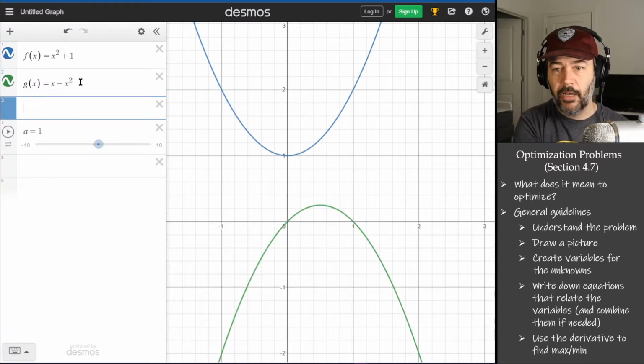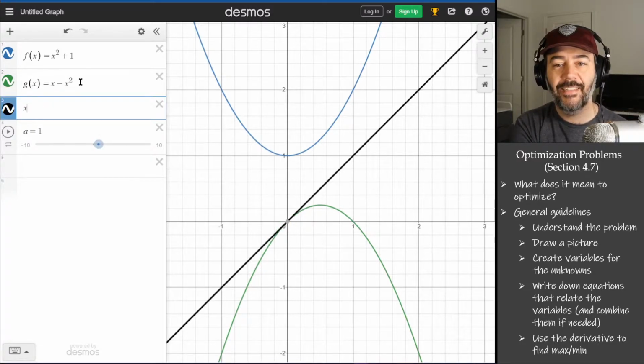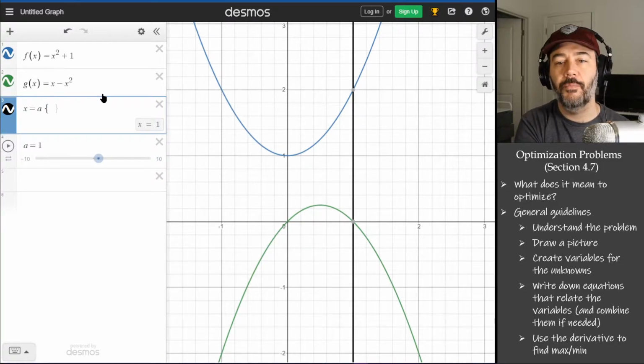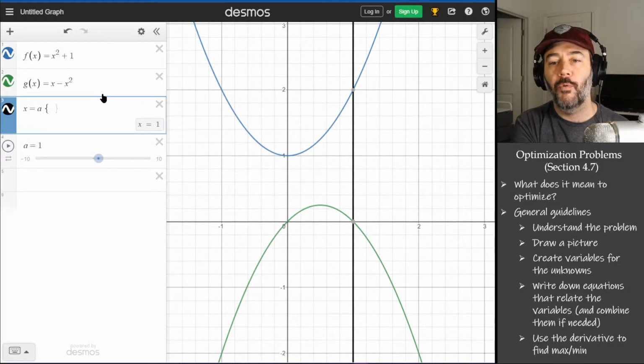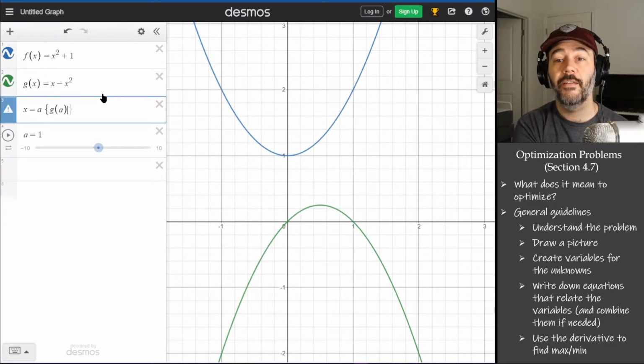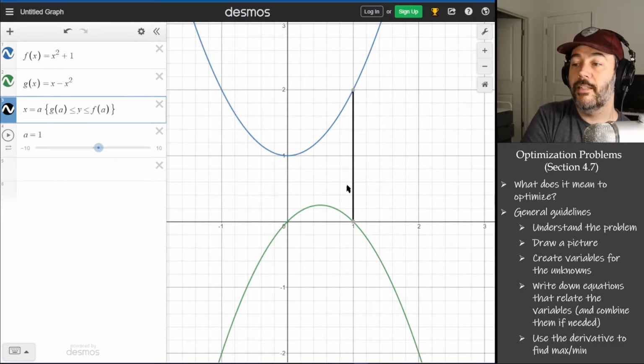Let me do a little cheat here. I have a as a parameter that I can slide. And x equals a is going to be vertical, but I want to limit my y values to be g of a less than or equal to y, less than or equal to f of a. So I've graphed a vertical line that represents the distance.